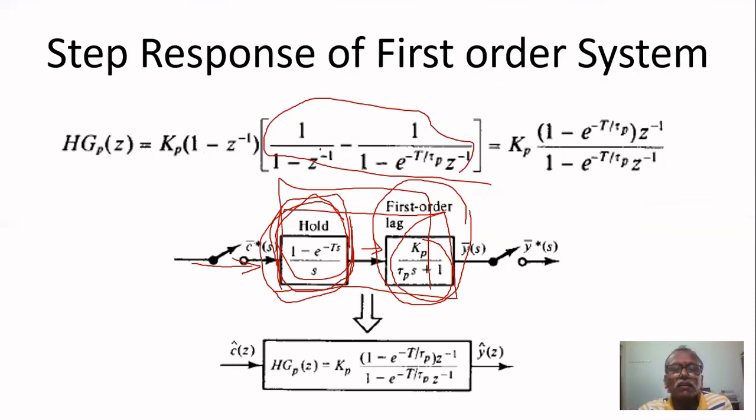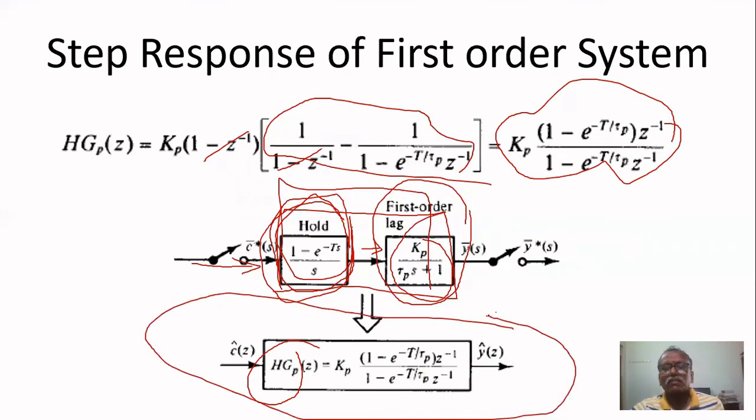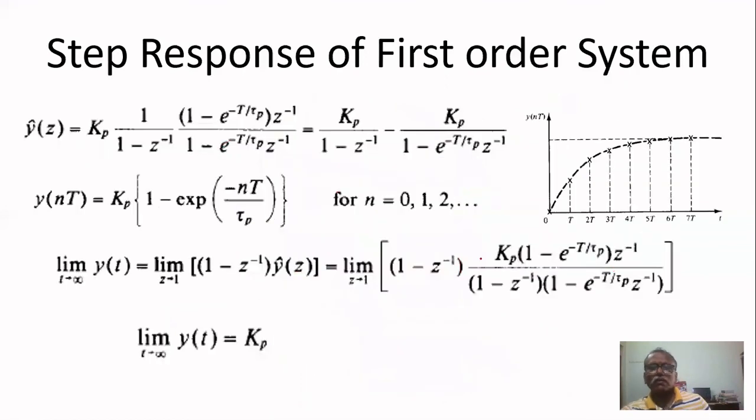If you take the LCM, these two get cancelled, and you get the final transfer function of the first order system. So HGP of Z for the first order system is Kp times 1 minus e power minus T by tau p, Z power minus 1, upon 1 minus e power minus T by tau p, Z power minus 1. This is the pulse transfer function for the first order system.